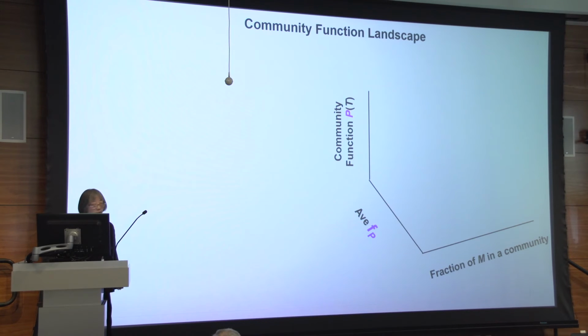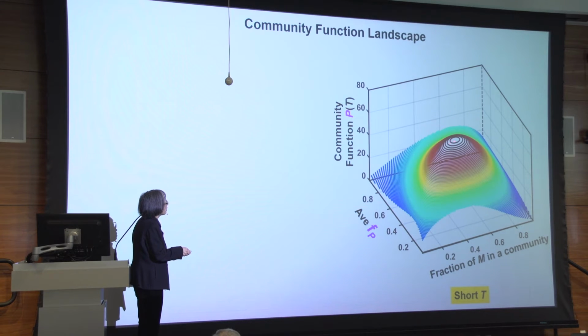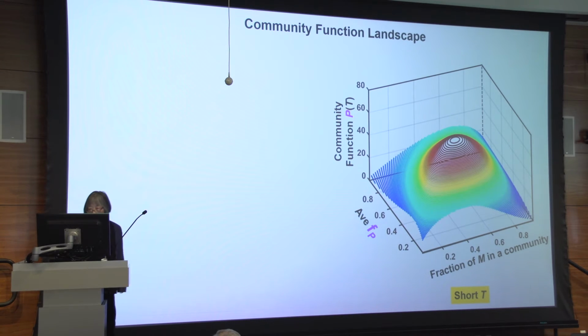If we fix newborn size, now the community function would only rely on FP and the fraction of manufacturer. So we can plot this in a three-dimensional diagram, where the z-axis is community function, this is the heritable axis, and this is a non-heritable axis. And we get this hill. This is high community function, and that is low.